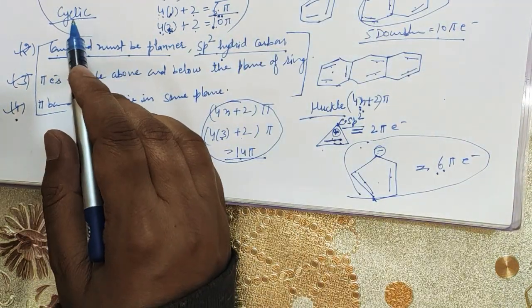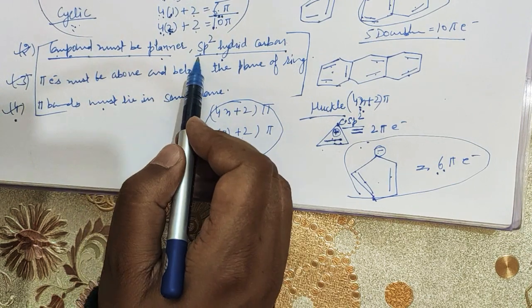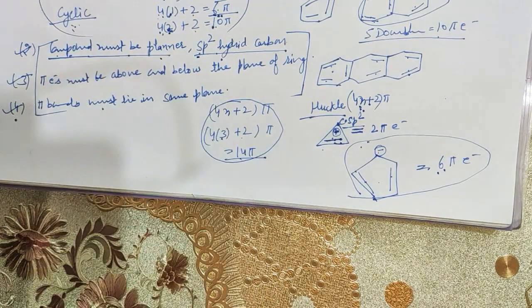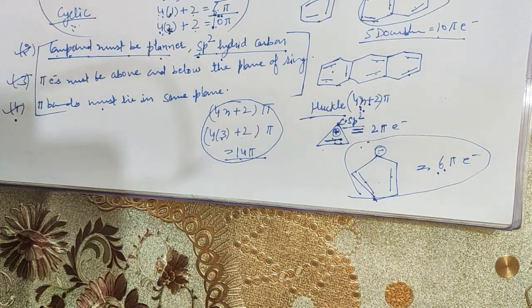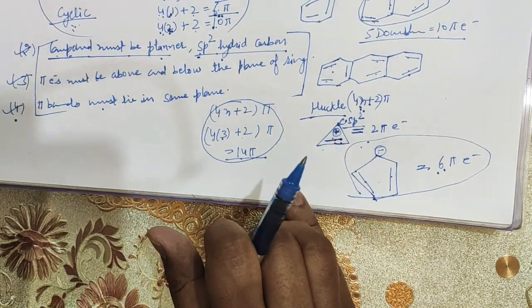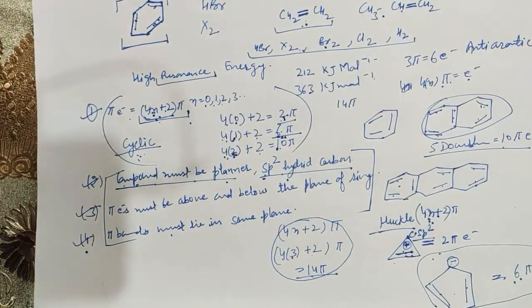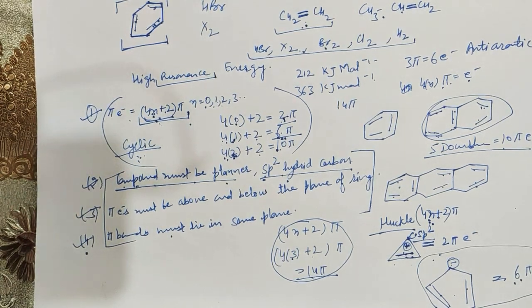So the compound should be cyclic, planar, sp2 hybridized, and further follow this mathematical equation, that is 4n plus 2 pi. If you solve examples from the book, then you will learn how to apply Huckel's rule. So this was our topic for the day, that is Huckel's rule of aromaticity.